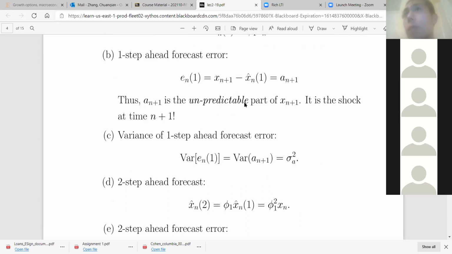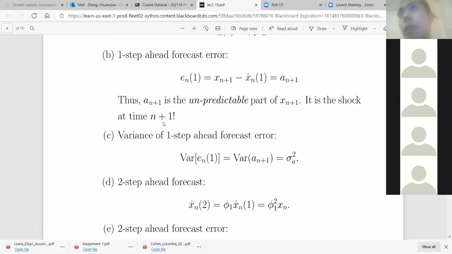There's an interesting point here. Why can't we predict the n plus 1 error at the next period, 1 period ahead? Because it represents the shock at the next period. For example, if I want to forecast tomorrow's stock market return, it will most likely be different from today's.